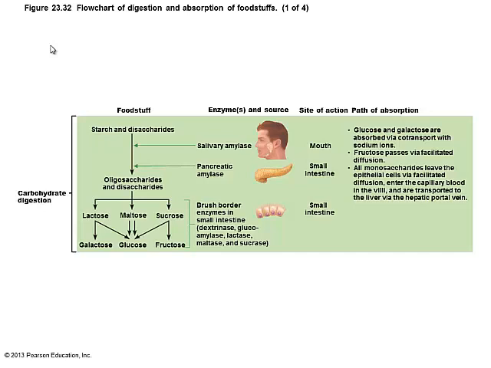So this part is the physiology of digestion. What are we doing? Why are we doing it? And where are we doing it? This diagram's got it all. As far as the path of absorption goes, I'm not going to get crazy about that. What you need to know is what the food is, what the enzyme source is, and the site of action. So the first three columns, basically.